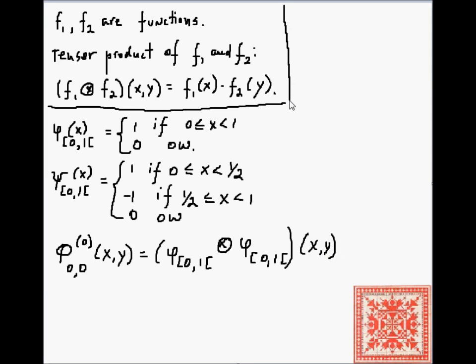The origin is rather arbitrary, and the superscript of 0 just means that there is no change. It's a constant wavelet, and is defined as the tensor product of small phi and small phi of x and y.